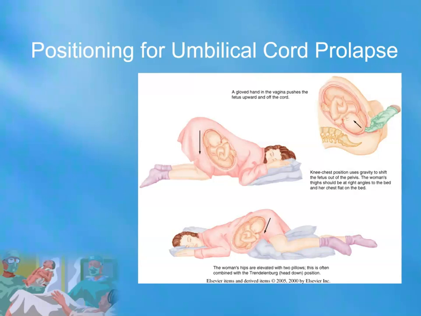Or like I said, we can do a digital exam and hold that head up off the presenting part, whatever the presenting part is. Hopefully, if it's a butt, we got to do a section anyway. But you can see there's different positions. But mom can't have an epidural and have all this going on, because, again, we can't position her like this. She's numb from her waist down.